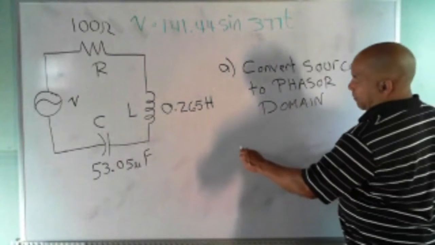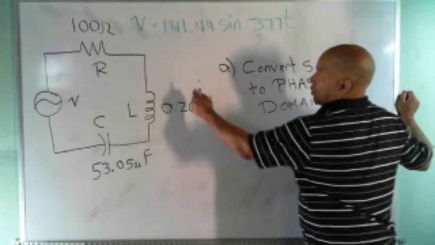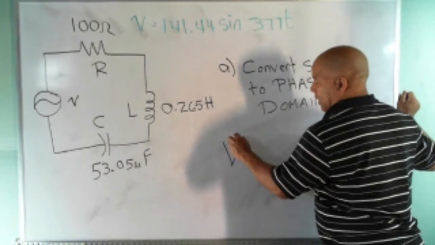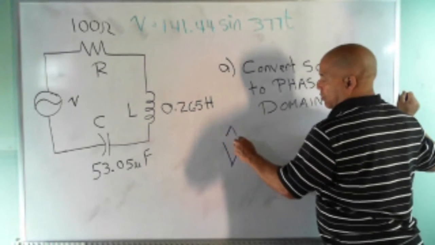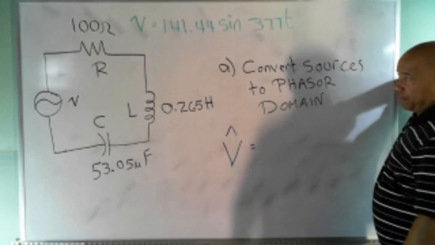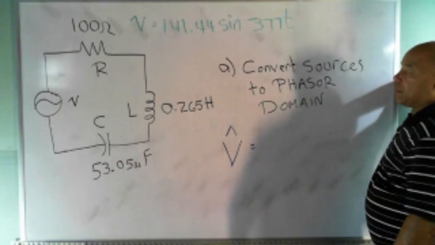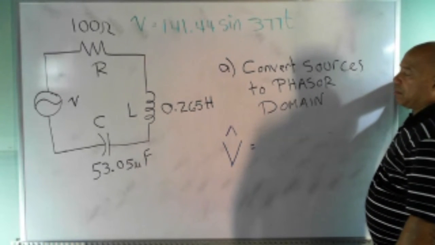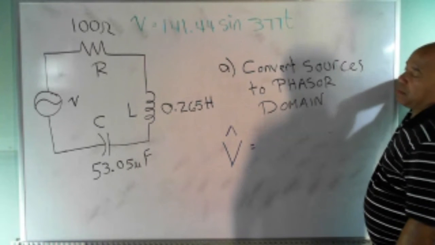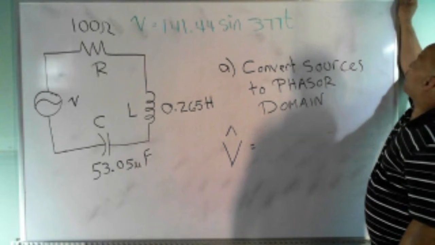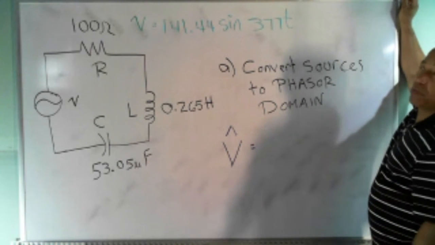If I convert that to a phasor, now instead of writing v like that, I'll write a capital V with a hat on it showing it's a phasor. What would you get for the magnitude of that phasor? Or if you don't know, how do you convert from time domain to phasor domain?